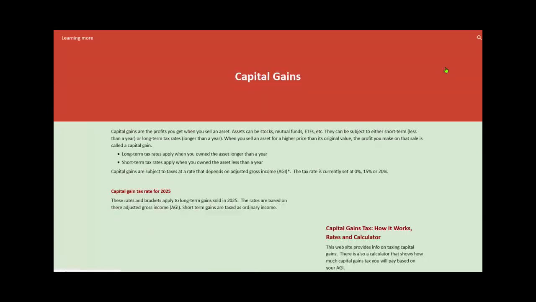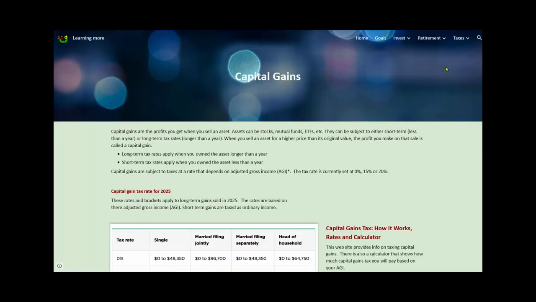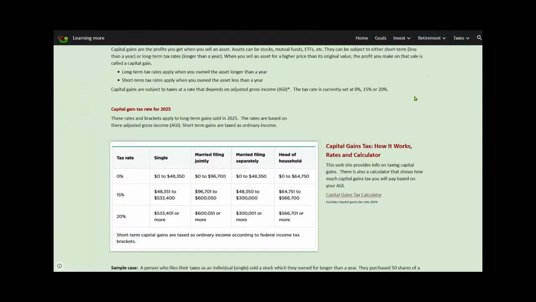Then we have capital gains. This is where if you have stocks or ETF or mutual funds and you sell these funds or assets at a gain, you will need to pay tax on them. However, the tax rate varies depending on your income.